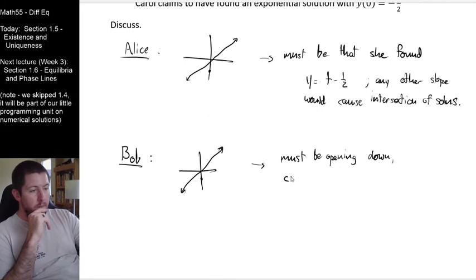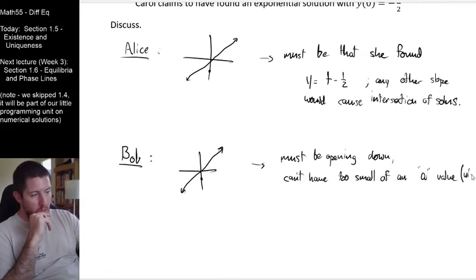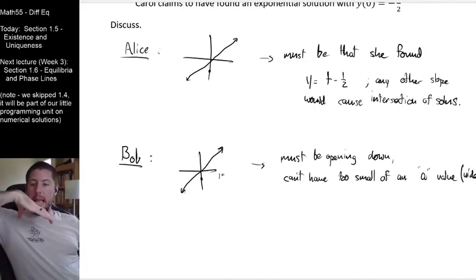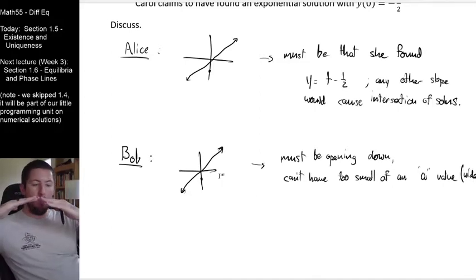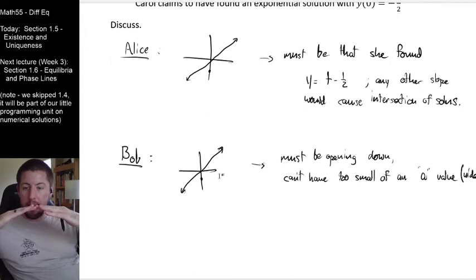I also know that even if this thing opens down, it could open down and be super wide, in which case it might hit that linear equation as well.